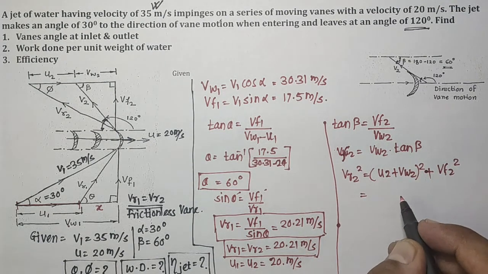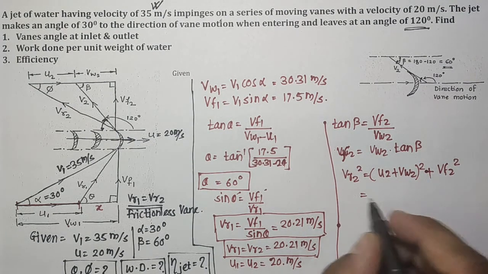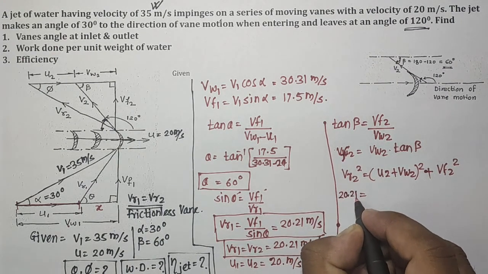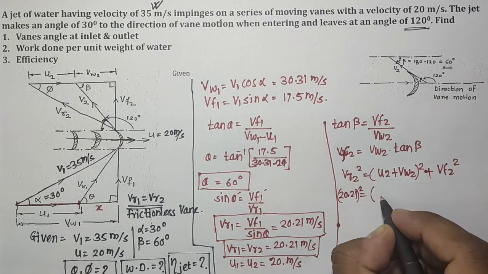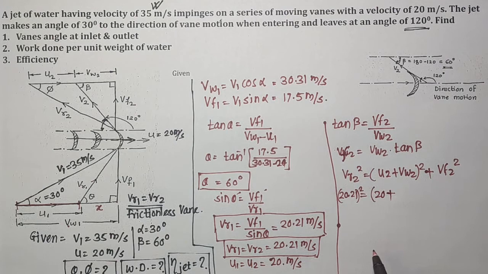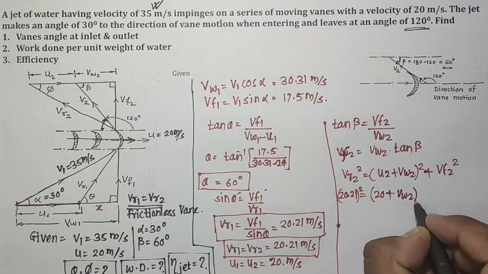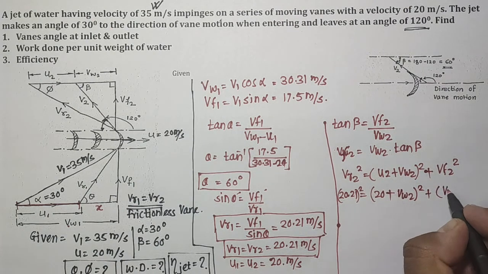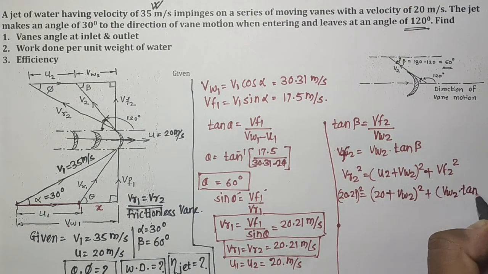So we can directly put all these values in this equation: VR2 is 20.21 meter per second square, U2 is 20 plus VW2, which is to be found, bracket square, plus VF2 written in the form of VW2 tan beta.